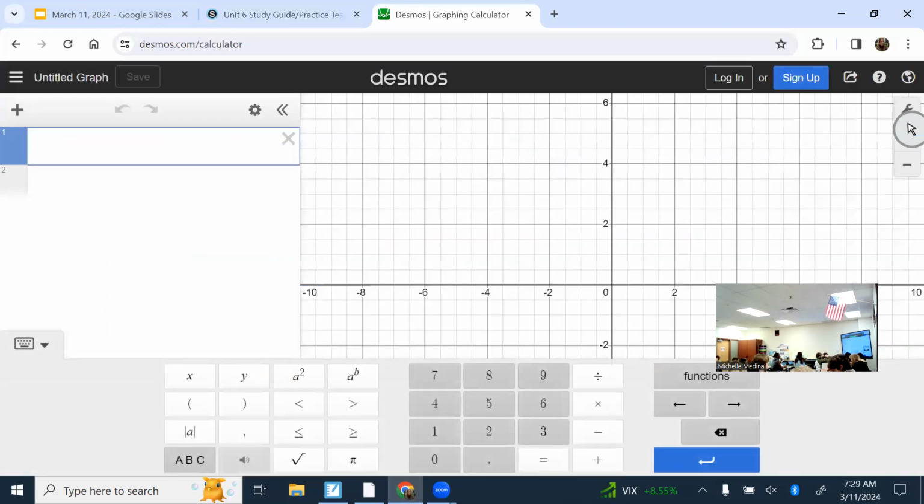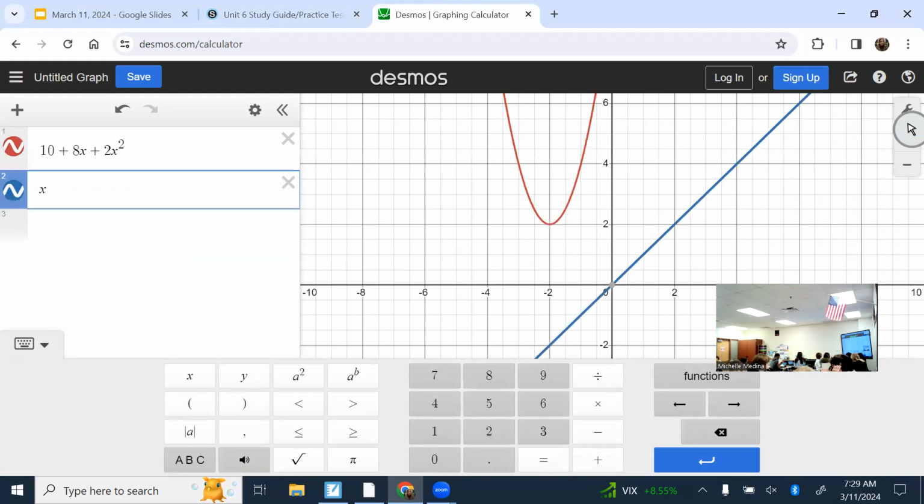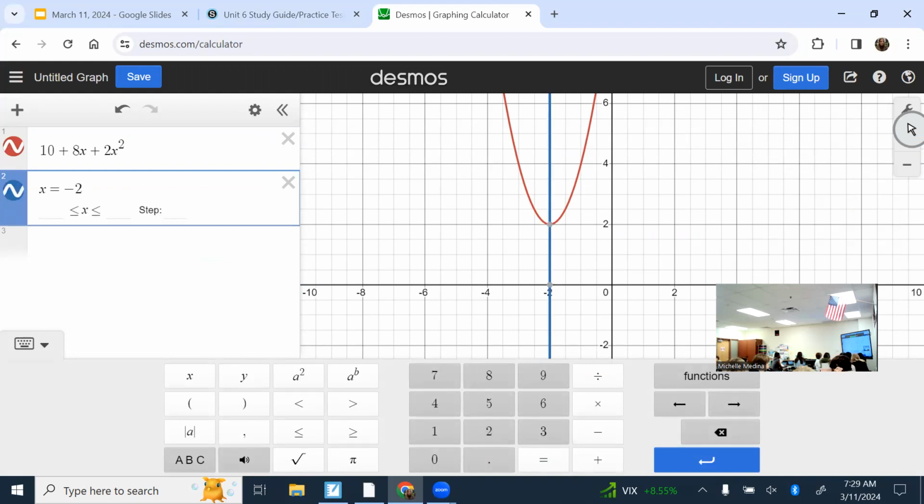But just remember what it means for something to be symmetric, and that the line of symmetry should be going right down the middle. So if I copy my equation, and then I write down in a different cell what I think my answer is, x equals negative 2, it should be giving me a line right down the middle. So you can check your answers to see if it's right.